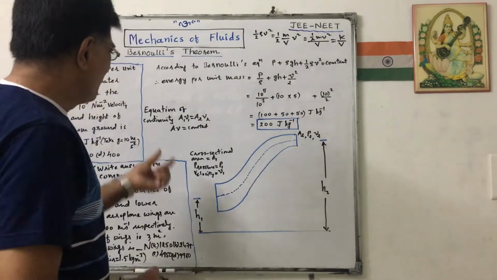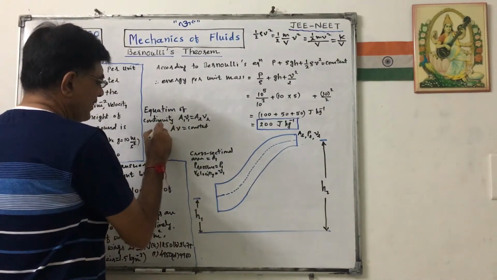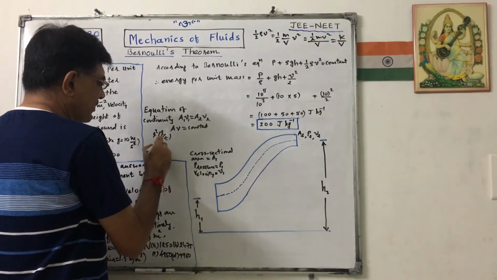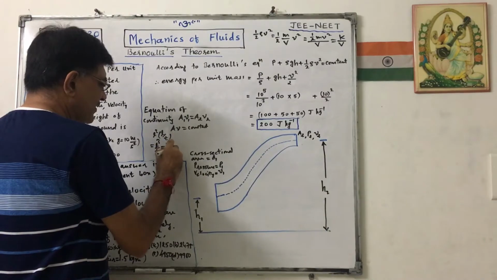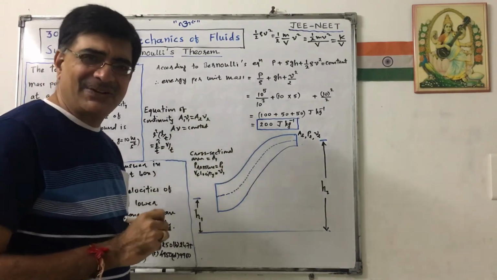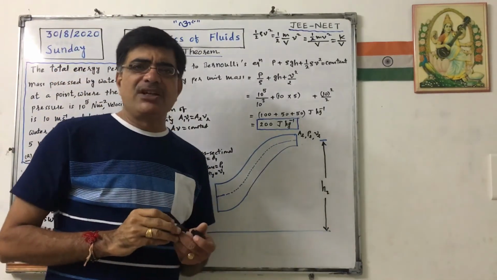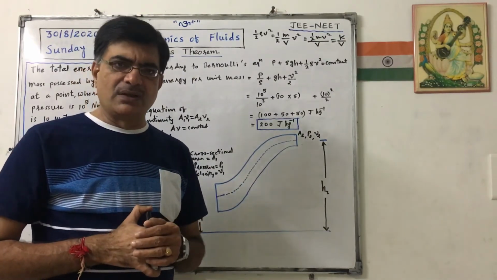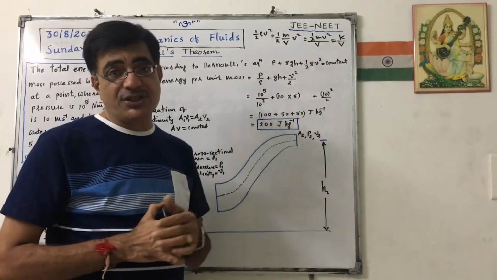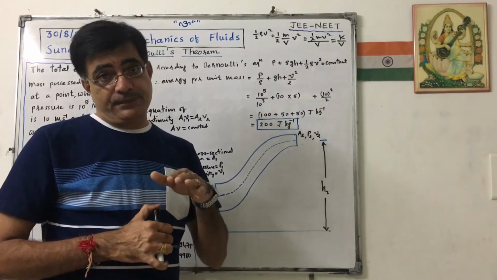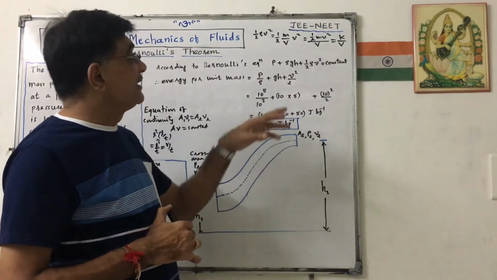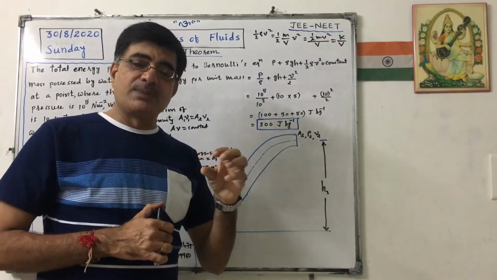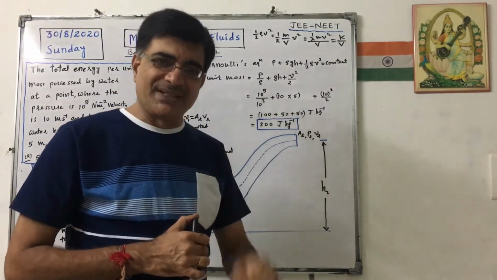Actually these terms give us L square into L by T, so that is L cube by T, that is V by T, volume by time, so that is volume flux. According to the equation of continuity, volume flux is constant. According to Bernoulli's equation, the sum of energies per unit volume is constant.